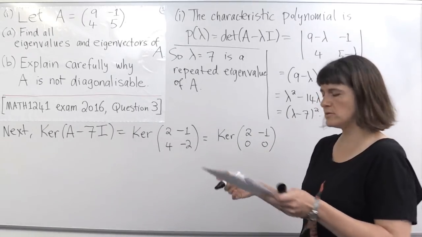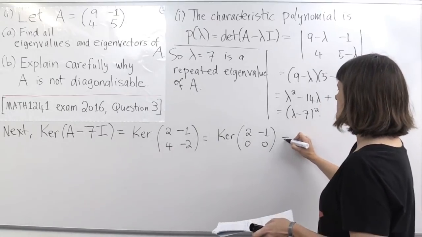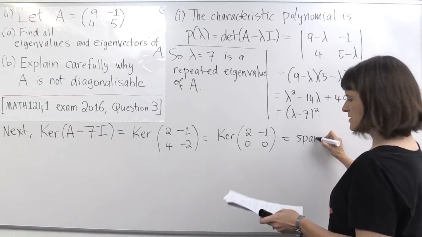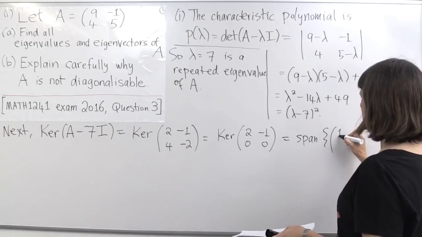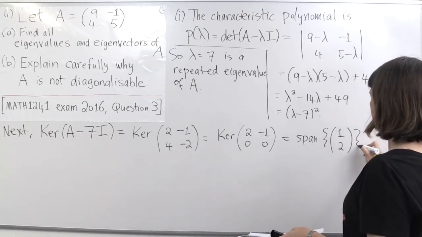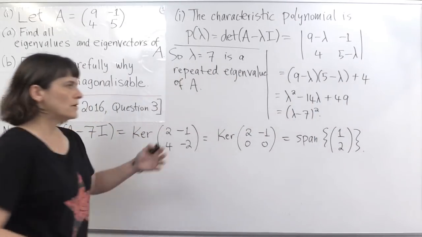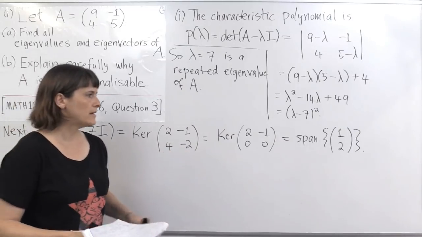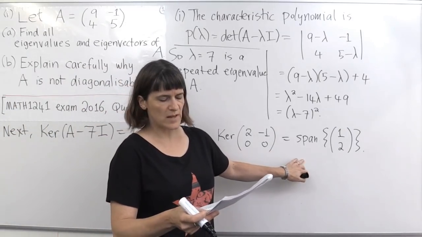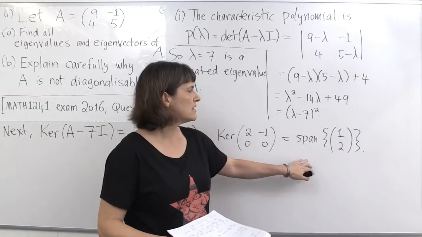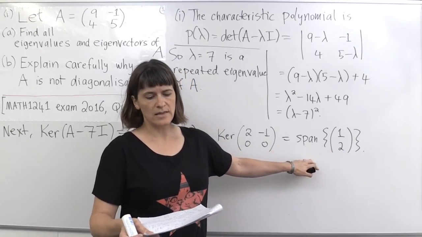It's going to be a one-dimensional kernel. And when you figure out what you need, it's the span of, let's say, the vector 1, 2. Okay? So the kernel is a one-dimensional space spanned by 1, 2, and the eigenvectors are just every non-zero vector in this span.